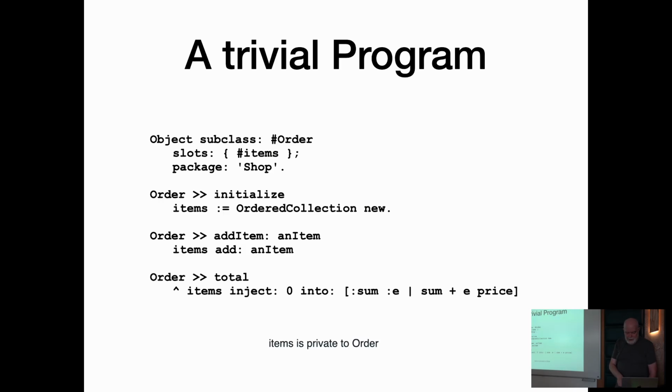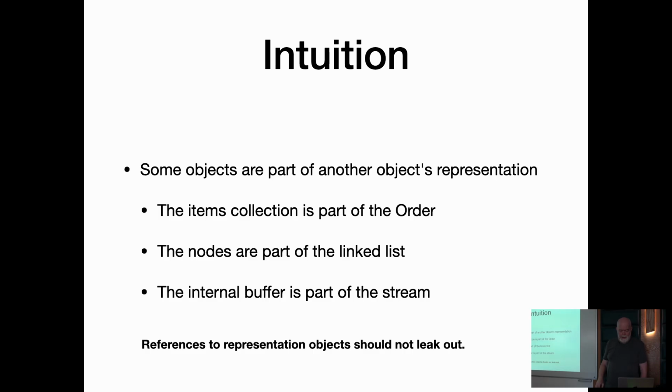We have the items collection. Here's the code again. And we want to model somehow the object memory so that it knows that items is part of the order. The intuition that they used is that some objects are part of another object's representation.